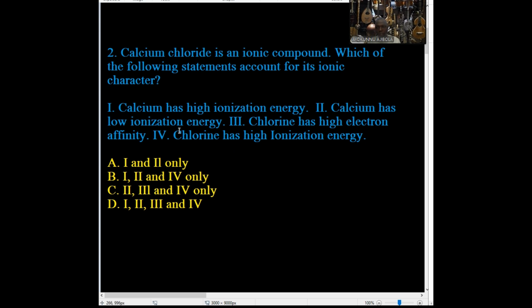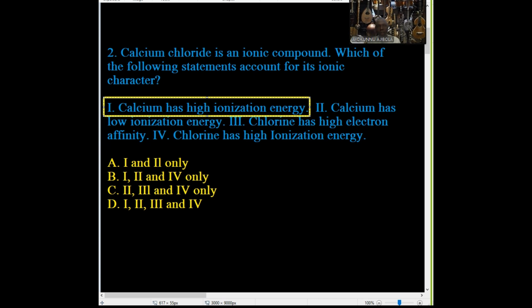The second one says calcium has low ionization energy. The third one says chlorine has high electron affinity. And the last one says chlorine has high ionization energy. Now, there are two opposite characters here. This one is saying calcium has high ionization energy, which is not true.